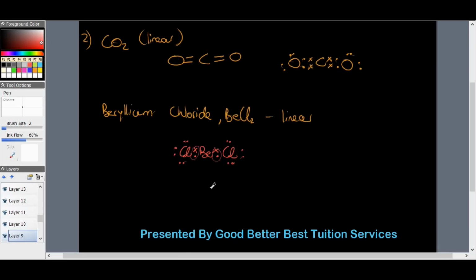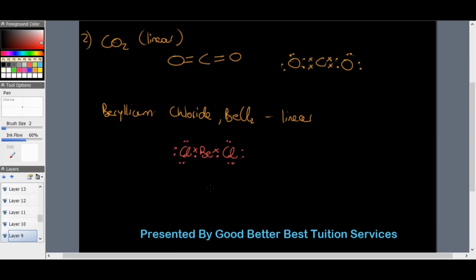Two bonding pairs. The simplest example of this repulsion occurs in the beryllium chloride molecule as we see on our screens. Beryllium only has two pairs of electrons around it, so it only has two pairs to share. To minimize the repulsion between these electron pairs, they are arranged so that they are on opposite sides of the beryllium atom.